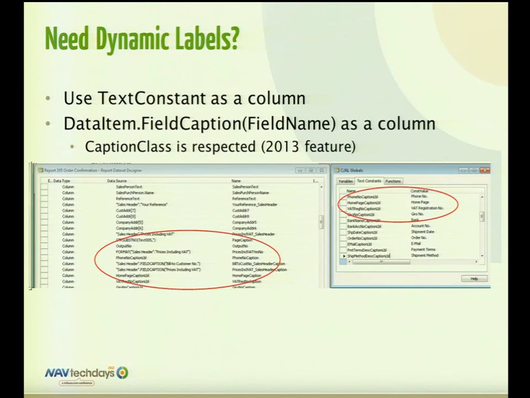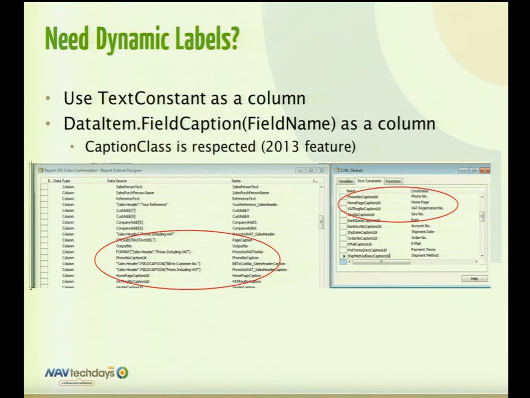What you need to do, and this is what we have done when we automatically upgrade our reports from 2009 to 2013, is create text constants and use those text constants inside your data source as a field. That is one way of doing it. The other way is to use the expression data item dot field caption field name and put it as a column.